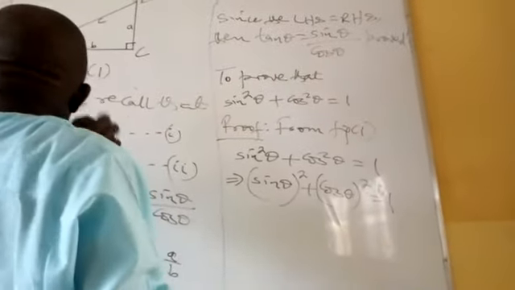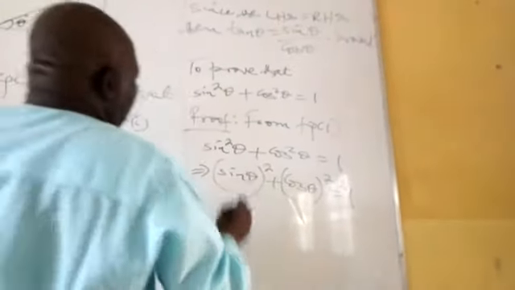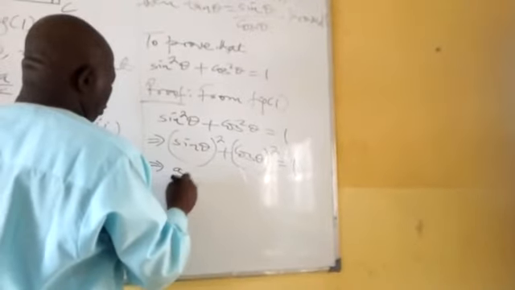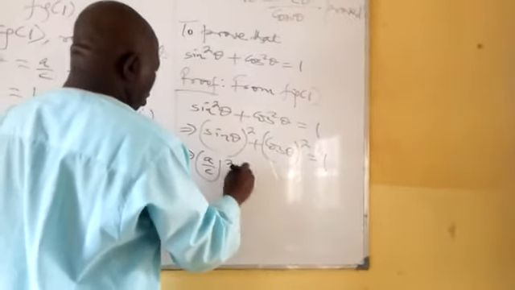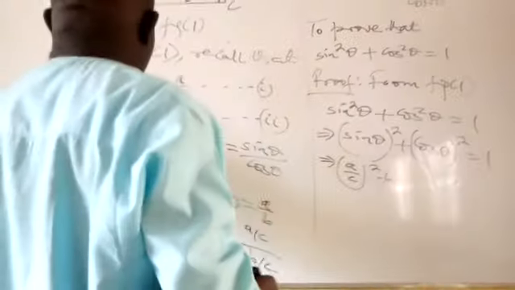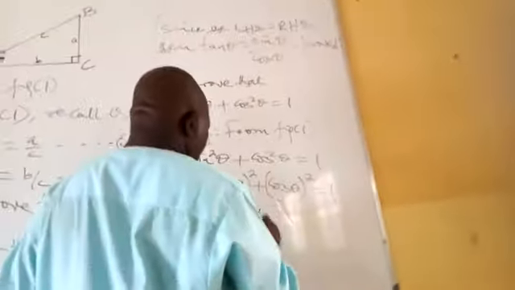And from that figure 1, we said sin theta is A over C. So this means that (A over C) all square plus cos theta. In equation 2, we said cos theta is B over C, (B over C) all square.